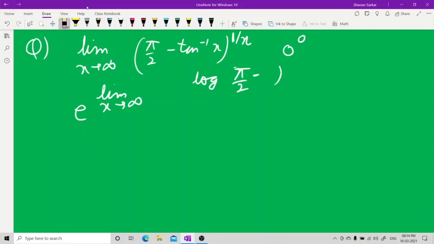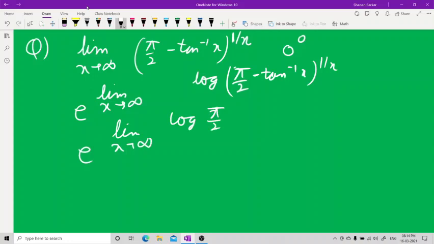This becomes limit x tends to infinity of log(pi by 2 minus tan inverse x) into 1 by x. This becomes 0 into infinity form.